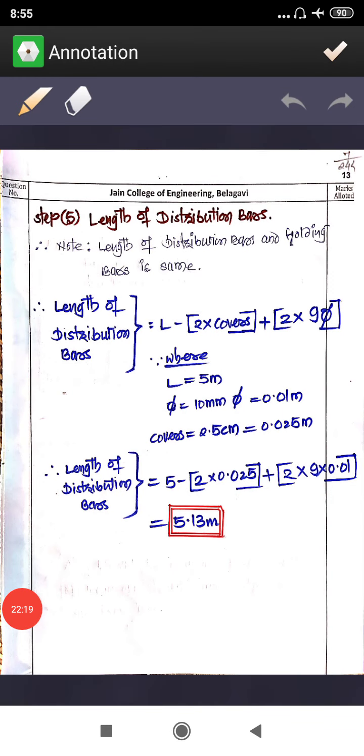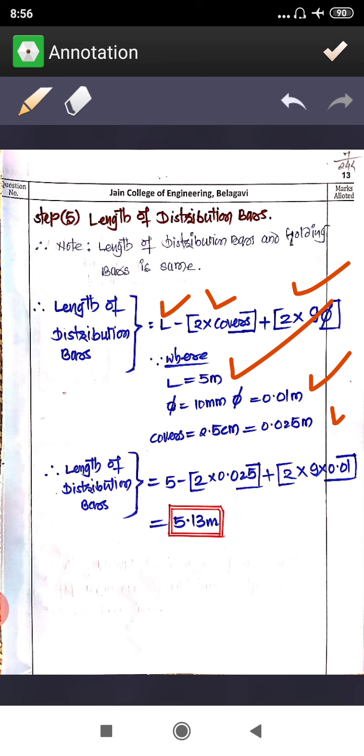Now the length of distribution bar. See here, this is also the same, because the distribution bars are going to be straight only, and also they are having hooks at both the ends. So what you have to do, you have to take total span minus 2 covers plus 2 hooks you have to add. The total span is 5 meter, the dia is 10 mm dia, that is 0.01 meter, and cover is 2.5 centimeter, that is 0.025 meter.